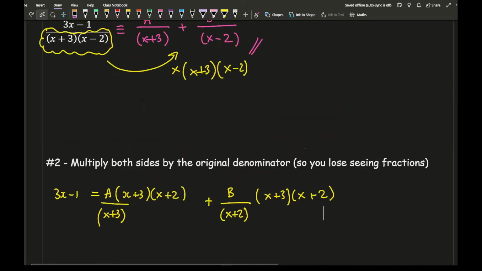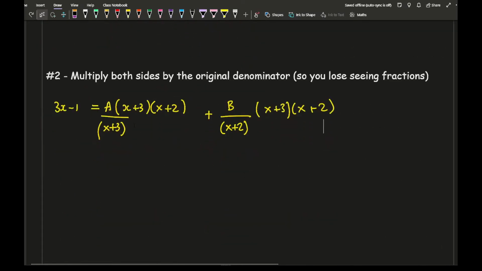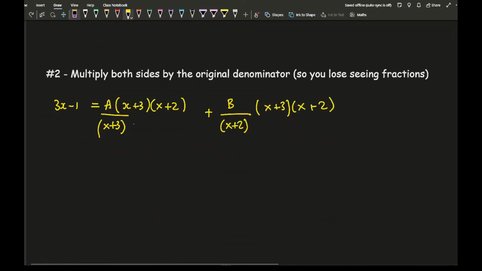So let me just double check to make sure I've got that right. No, as you can see, I made a mistake, because that should be a minus, not a plus. So let me just correct that, because otherwise it would have ended up being a bit of a disaster. So x minus 2, x minus 2.